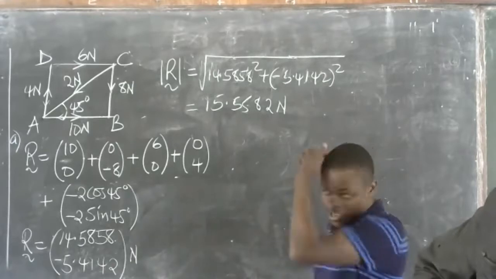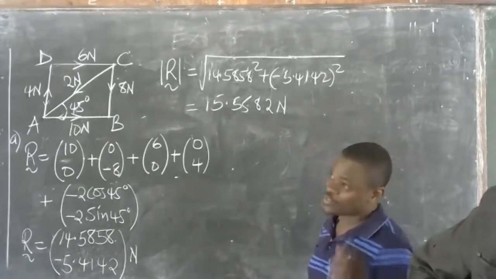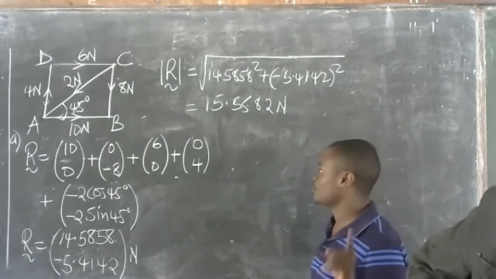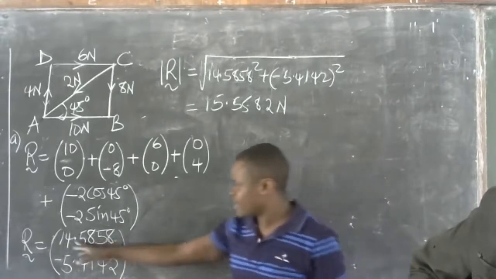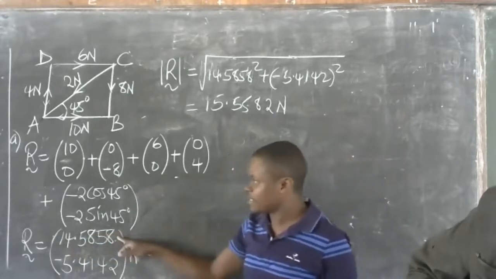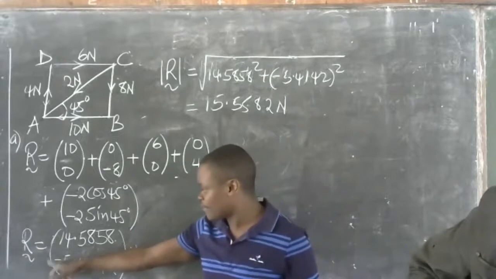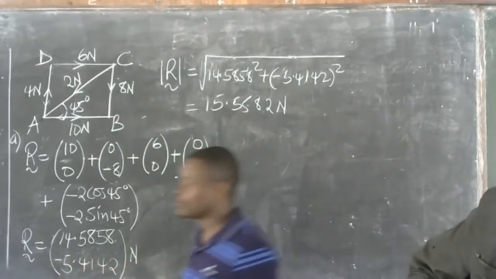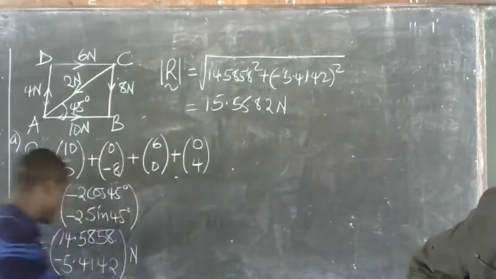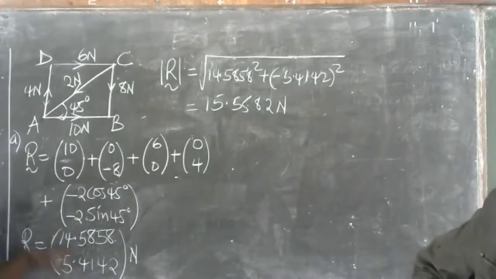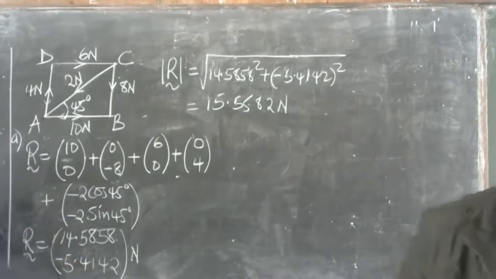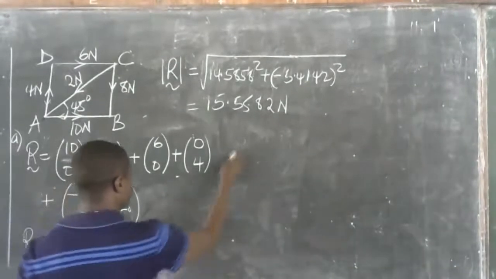And then we look for direction. And remember what we said last time about direction. These are the components. The horizontal component is positive. The vertical component is negative. So you join the two components. But remember, once the first diagram for the components is wrong, then you're likely to lose the marks for the direction.